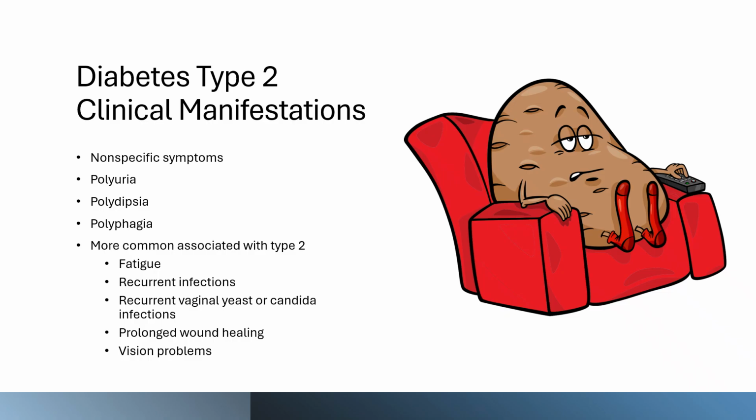And then they can have some vision problems. Oftentimes you'll find that patients will do their annual eye screening, and it's the ophthalmologist that will say, "Hey, look, I'm noticing some changes in the structure of the eye.